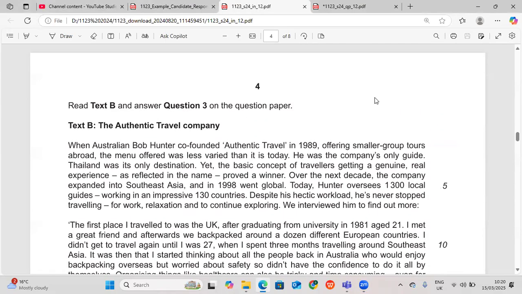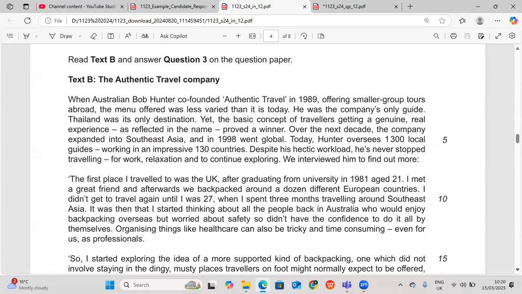Anish is also here. Text B is about the Authentic Travel company. We'll be highlighting the points that you could write in your summary.